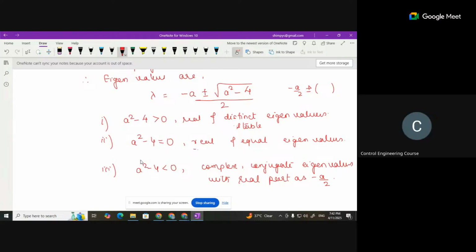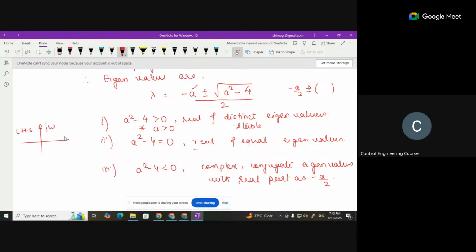Correct. I can say from here, if A is greater than 0, the system will be stable, right? Then only this is going to be negative, and this will have some positive value, and the eigenvalues will lie on the left hand side of the S plane, right?